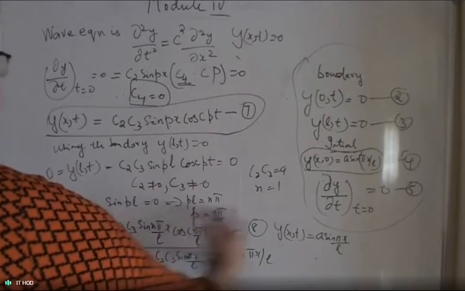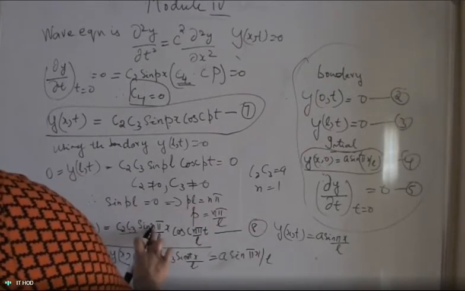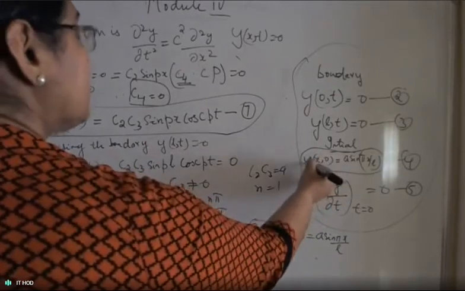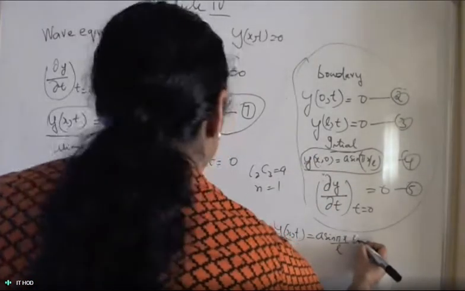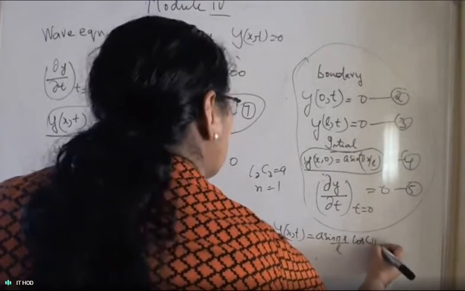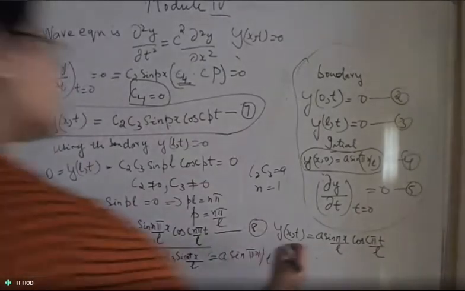So this is our final y(x,t). We are substituting the values for C2, C3 and n by comparing with this initial condition. So you will get cos(cπt/L). This is the answer.